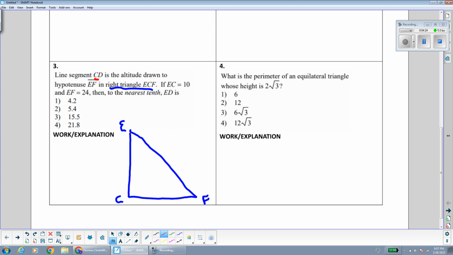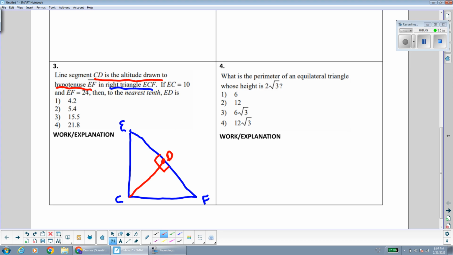CD is the altitude drawn to the hypotenuse EF. So the hypotenuse is EF, I have that labeled correctly. And CD is drawn to the hypotenuse. And it's an altitude, so it's a perpendicular line creating right angles.